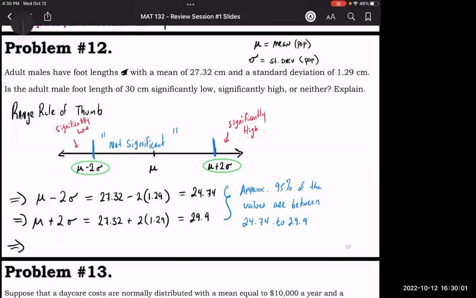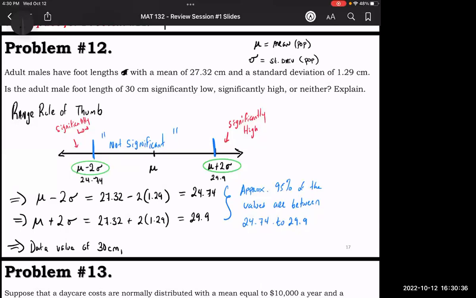We were given a data value of 30 centimeters. Compare 30 centimeters to the range that we created. Is 30 inside or outside of that range? Well, look at your number line. Let's say this value is 24.74 and this value is 29.9. Where is 30 located?